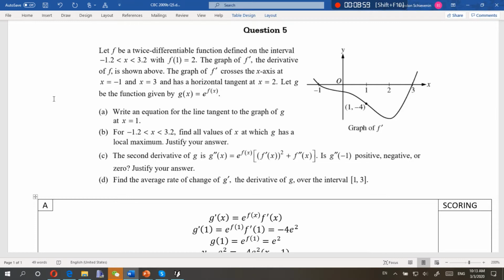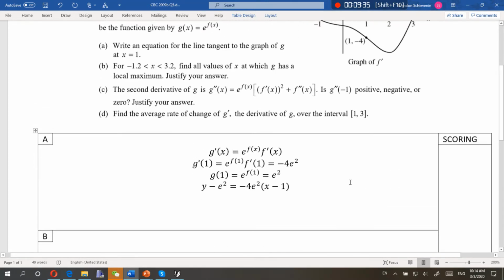Then if I plug in -1 and then square it, it's going to be positive. Then f double prime of -1 is the slope of f prime. What is f prime of -1? F prime of -1 is 0. Okay, so this term is actually 0. And then f double prime of -1, the slope, is negative, so we know it's a negative number. Then yes, it's negative because we multiply by a positive.